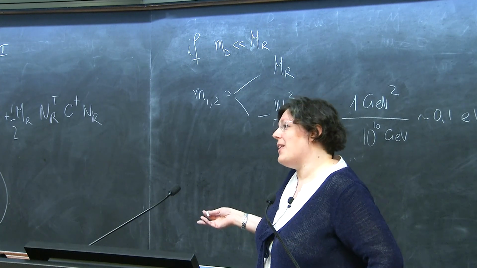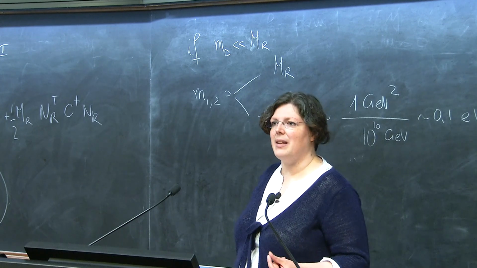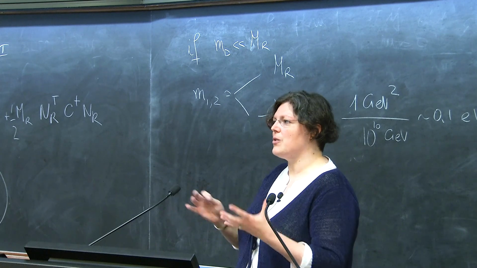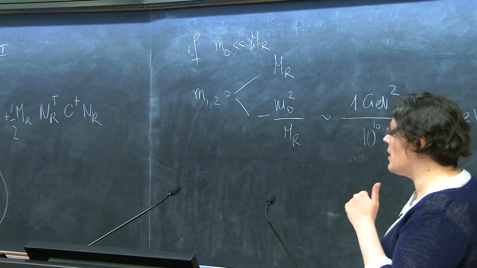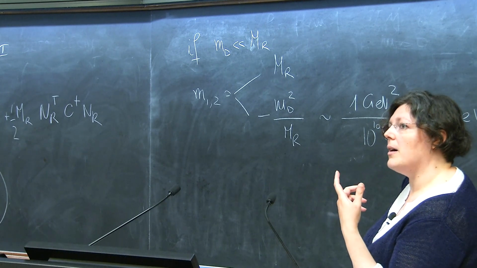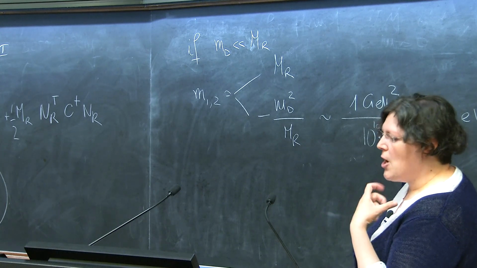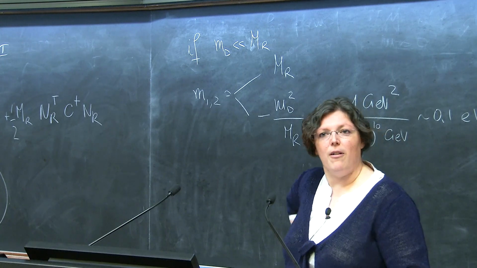But it also means that if they are in the TeV scale region, maybe you can produce them at the LHC and test the mechanism. So there are pros and cons, and especially in recent years there's been quite a lot of work in these types of models because they allow direct testability at colliders. There's a lot more information in the slides, but I think it's time to go for lunch.